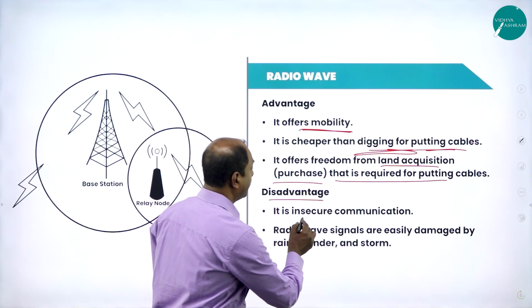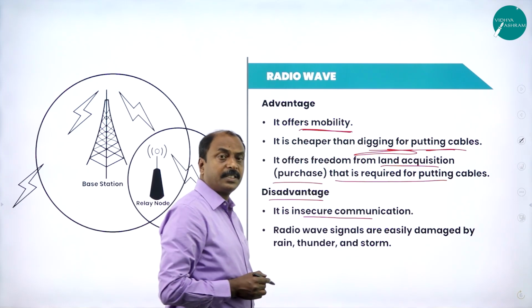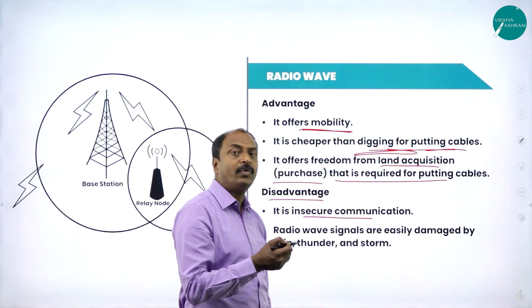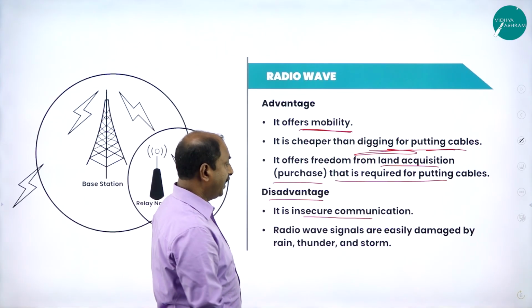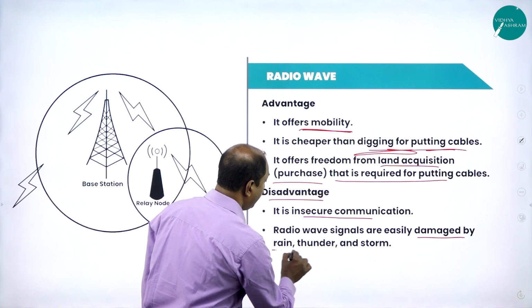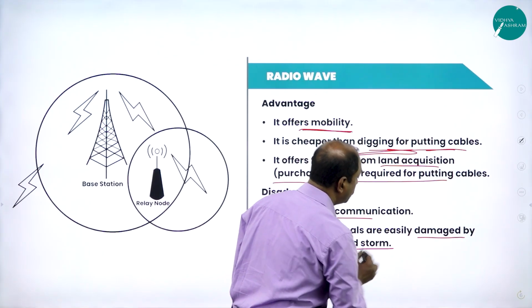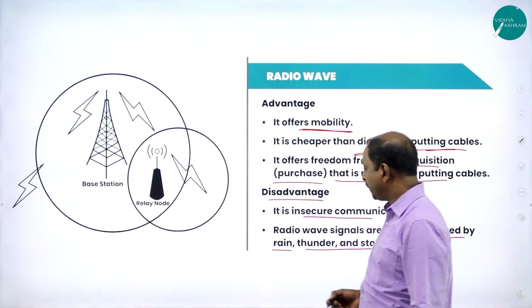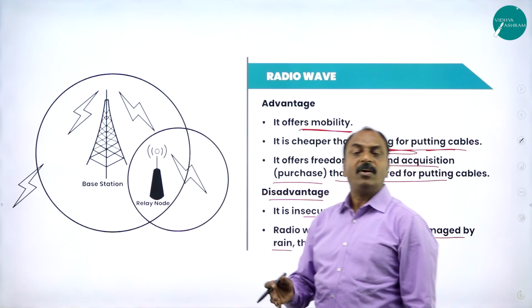It is insecure communication. Wireless communications are insecure as compared to wired communication, and radio wave signals are easily damaged by rain, thunder and storm. You might have seen this in your day-to-day life, for example while listening to an FM station.